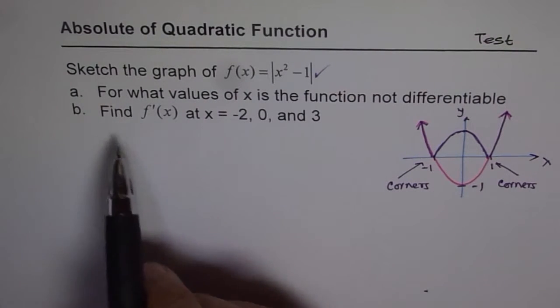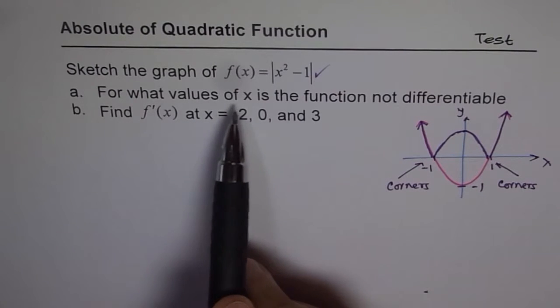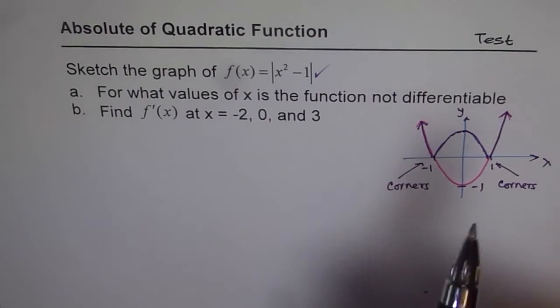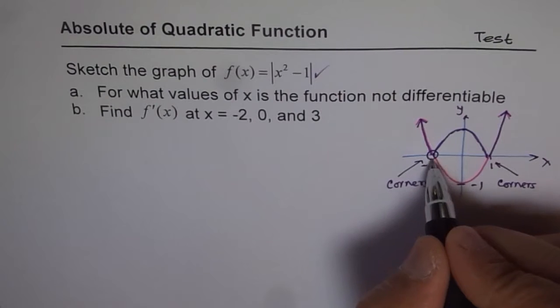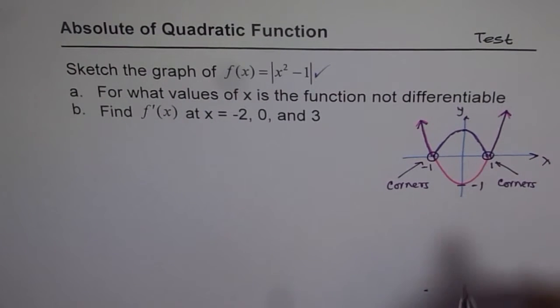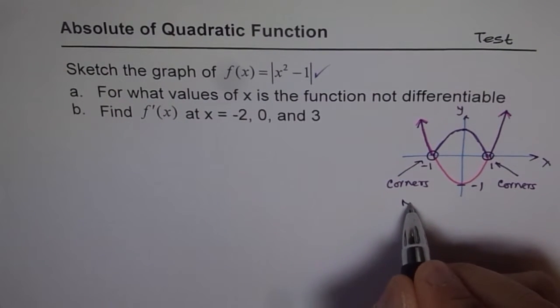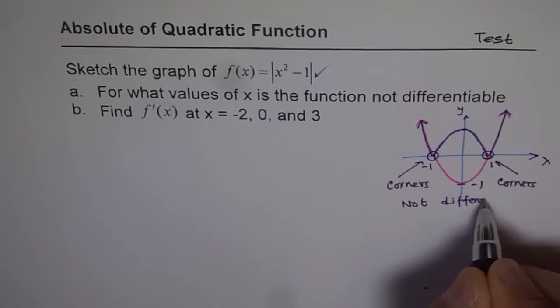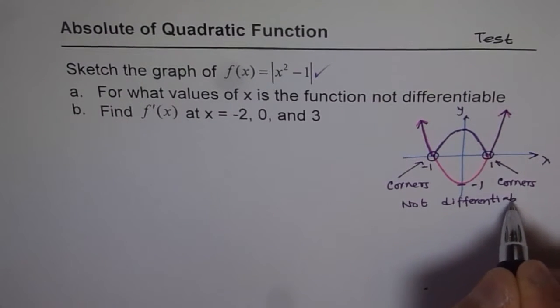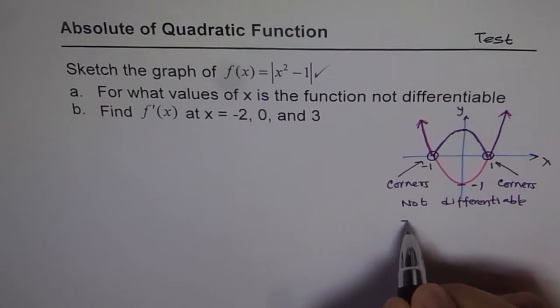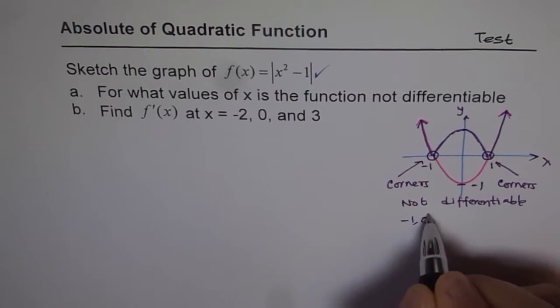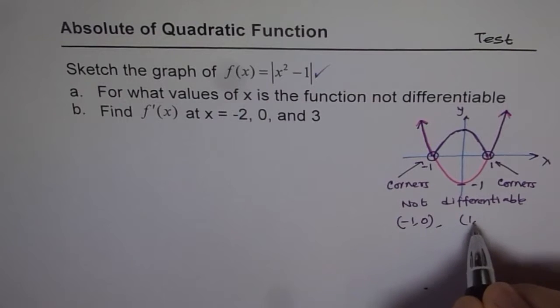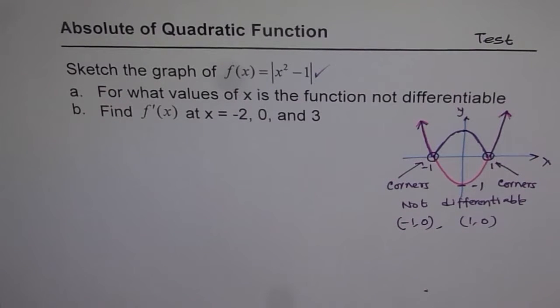So the question asks, for what values of x is the function not differentiable? You now know the values of x. These are these 2 points, right? So not differentiable, we got our answer: the points which are x-intercepts in this case, minus 1, 0 and 1, 0, right? So that is part A of the question.